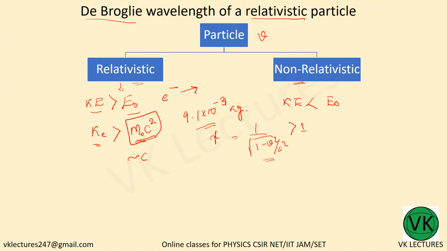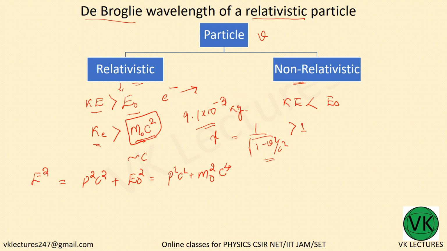Now we can write the total energy E: E square is equal to P square C square plus E naught square, that is, P square C square plus M naught square C to the power 4.